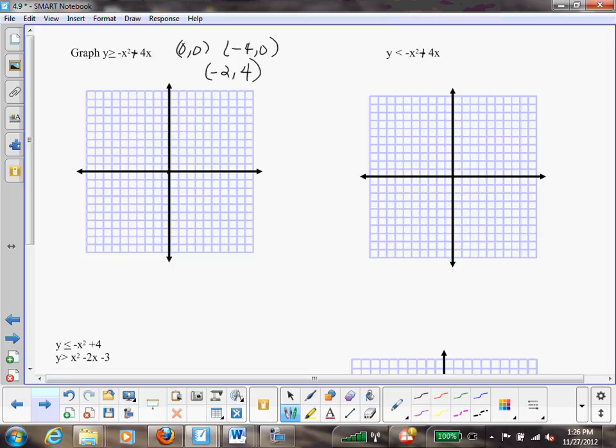And so 0, 0, 1, 2, 3, -4, 0, -2, 1, 2. Solid or dotted? Solid. Inside or outside? Outside. Because I want greater than. Greater than means I'm going up my y-axis, which takes me outside my figure. Are we good? All right, we're just going to skip this one.